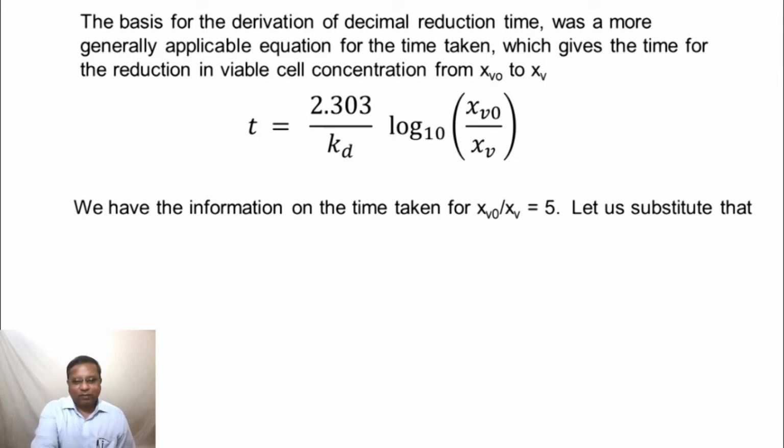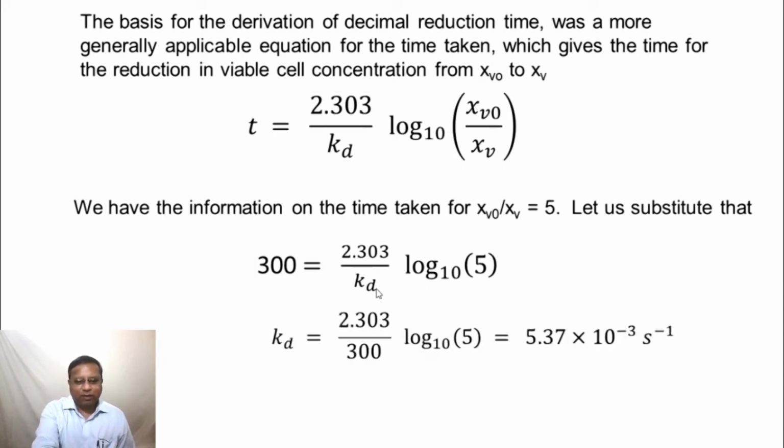So if we substitute here, this becomes 5, right? So we need 5 minutes or 300 seconds for a 5-fold reduction. Therefore, 300 equals 2.303 by Kd log 5 to the base 10. So Kd is the only variable here.